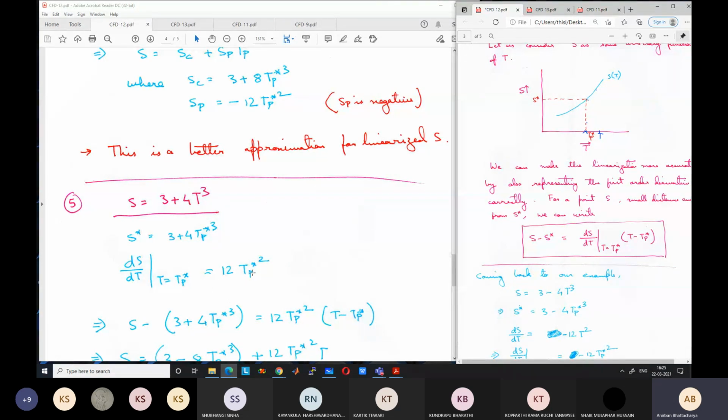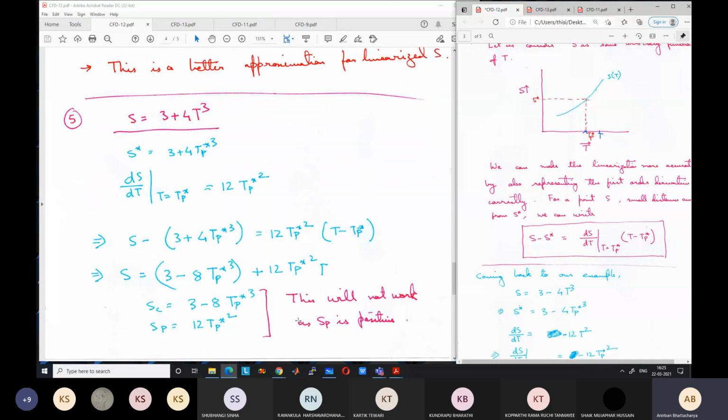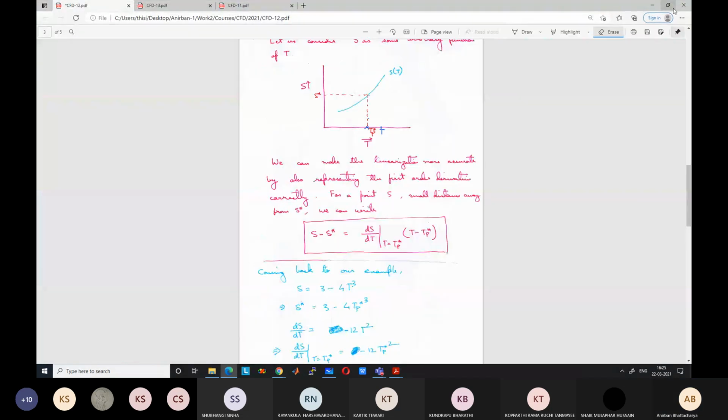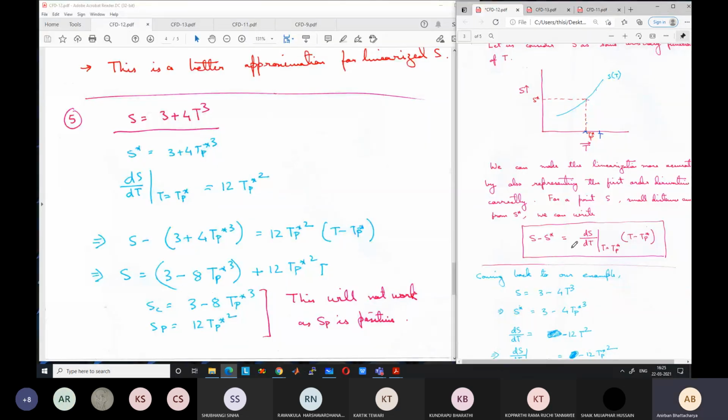So we are just taking the derivative and putting Tp star. So S minus S star is equal to dS/dT at T equal to Tp star, multiplied by T minus Tp star.